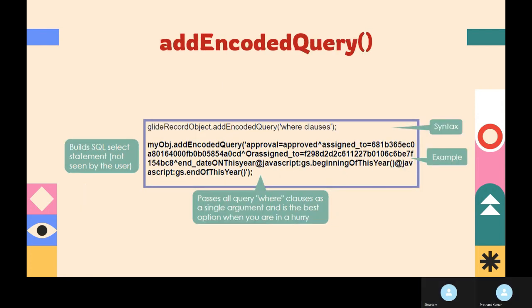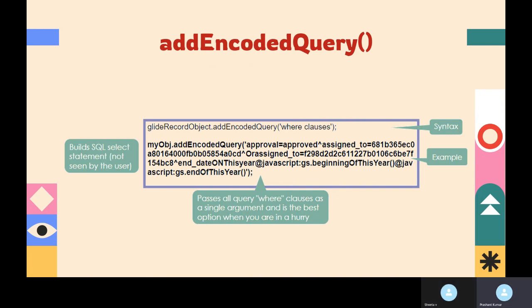And now we have an encoded query. How is an encoded query generated? You might know we have our list. Whenever we open any list layout of any record, suppose we have opened the incident list, and you have added multiple conditions there, like it is not P1, it is active.